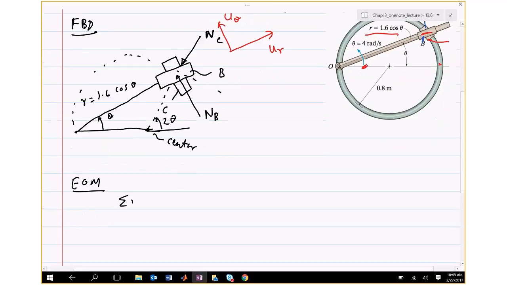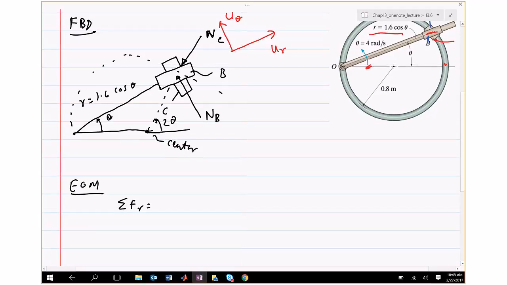So the net force in the R direction is going to be NC cosine of 45 acting in the negative direction, right? That's the only force acting because NB acts along the U theta direction. So that is equal to mass times the acceleration. So R double dot minus R theta dot square.